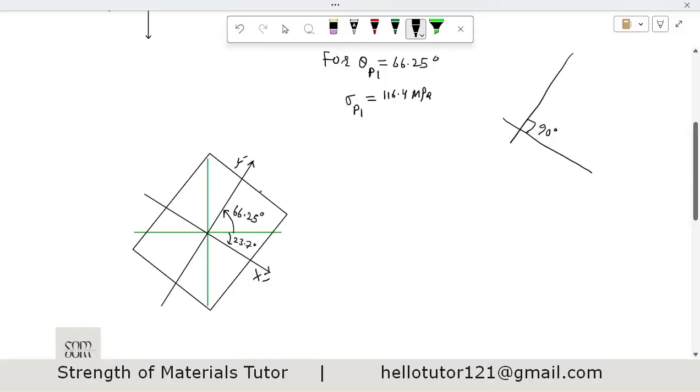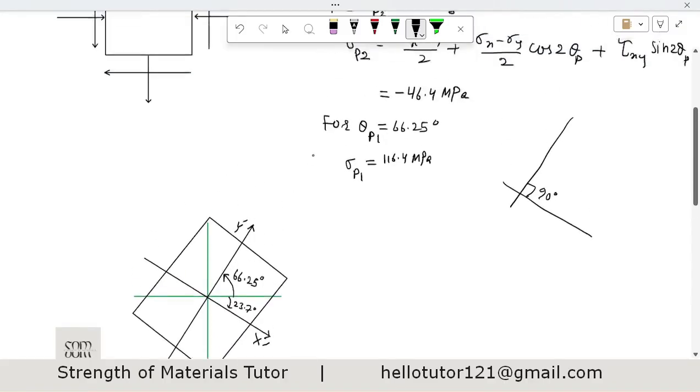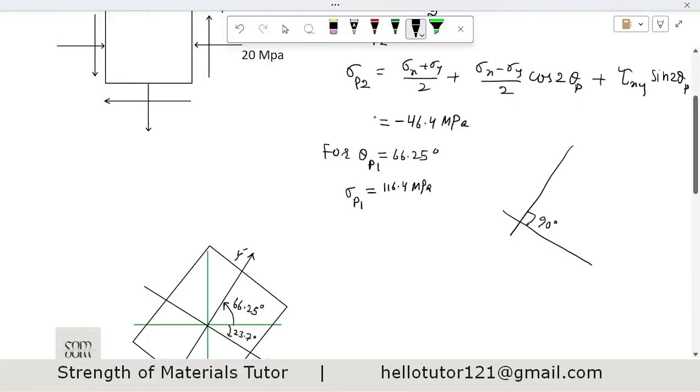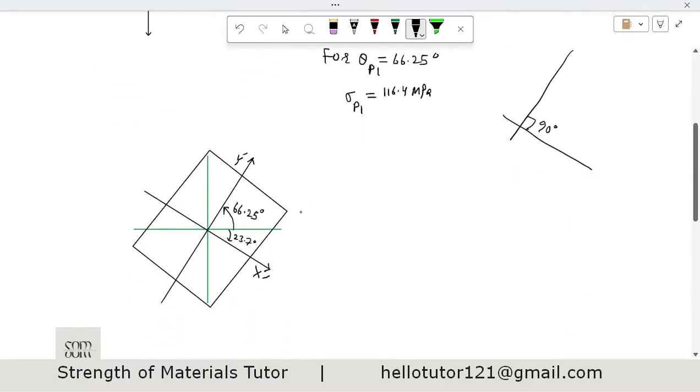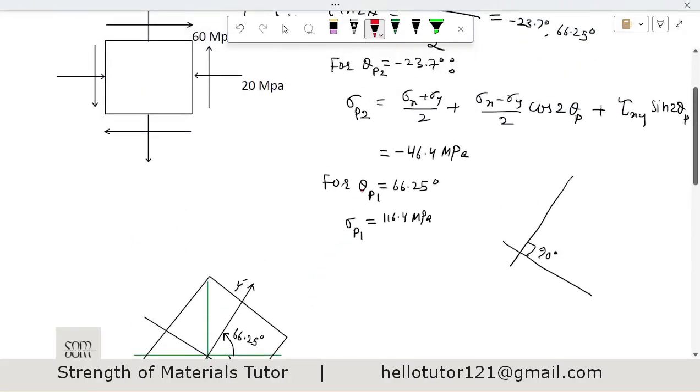If we draw in this direction, it is going to be positive. But we have a negative value, right? Minus 46.4, at this angle, right? So it is not like this, it is basically like this. So its value is 46.4.